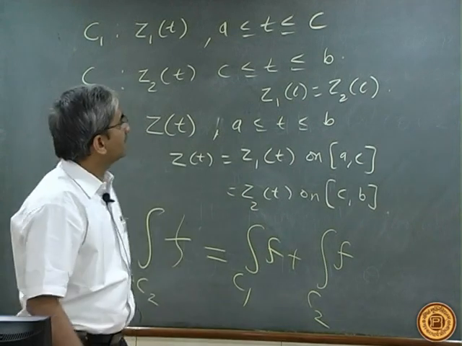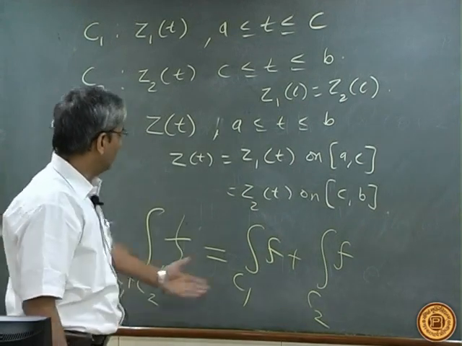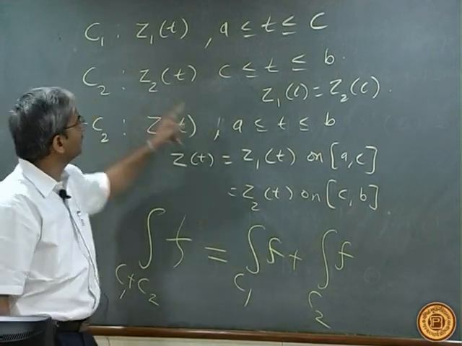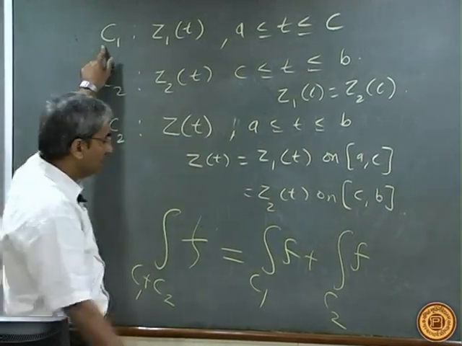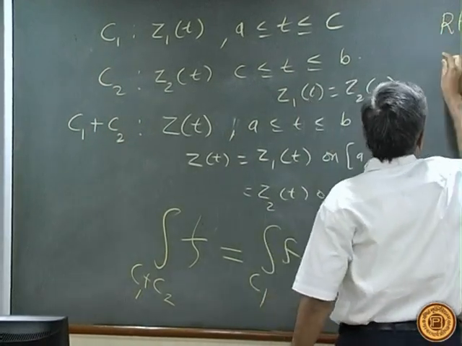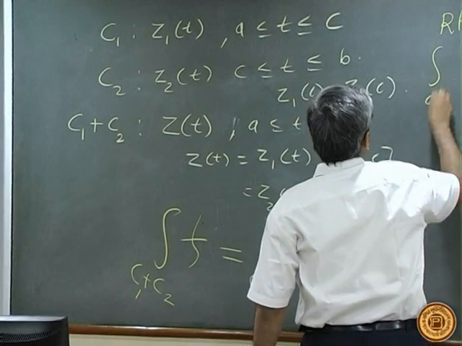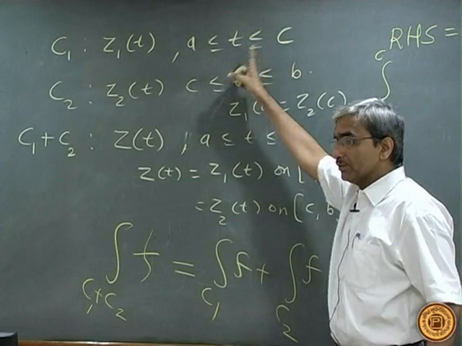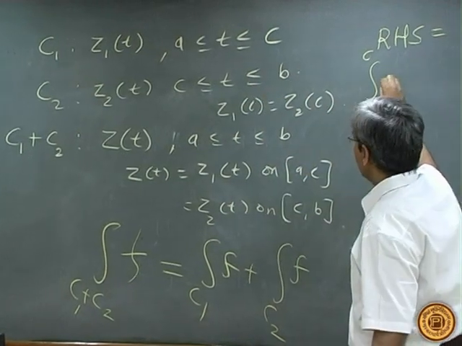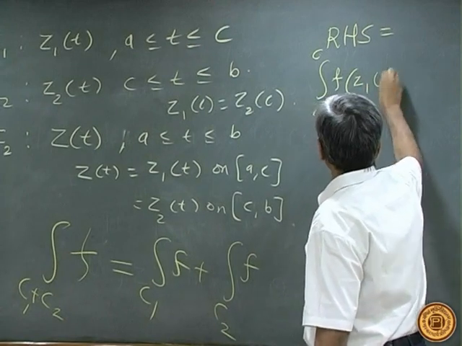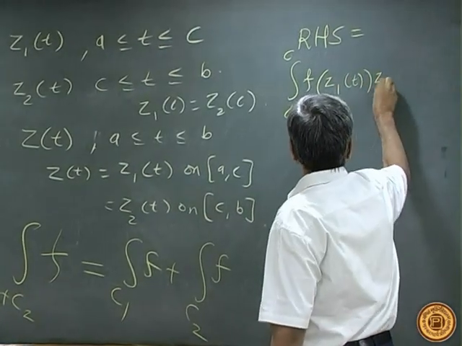So obviously, write the right hand side. What will be the integral of f over C1? By definition you use the parameterization for C1. So the RHS is nothing but the integral from a to c, because we are integrating on C1, of f(z1(t)) z1'(t) dt.